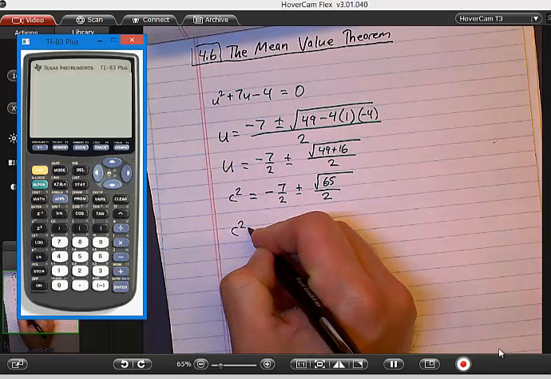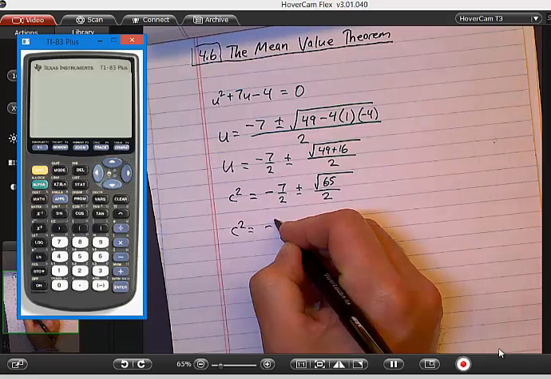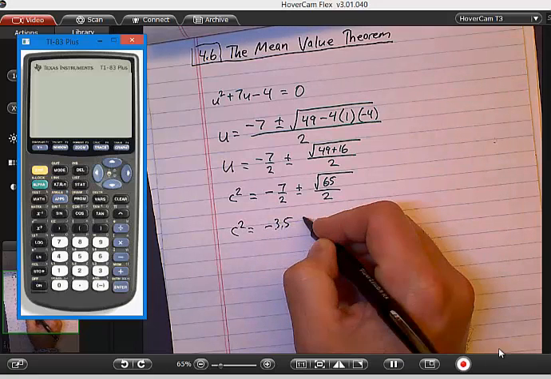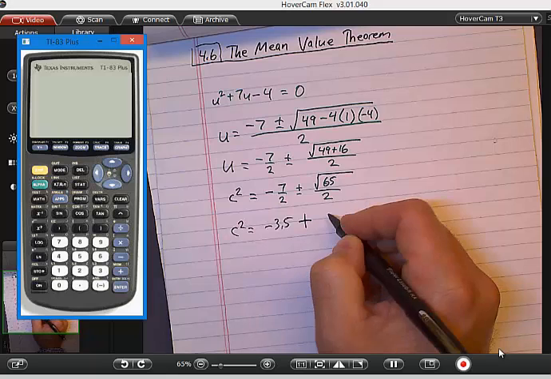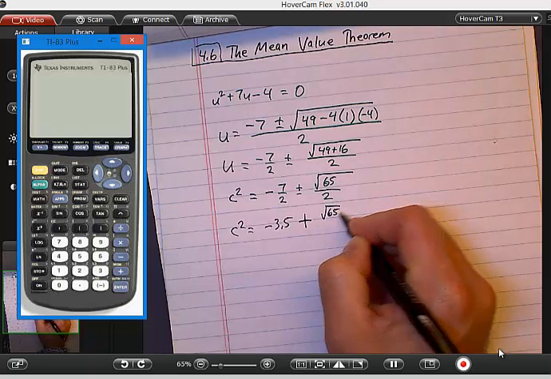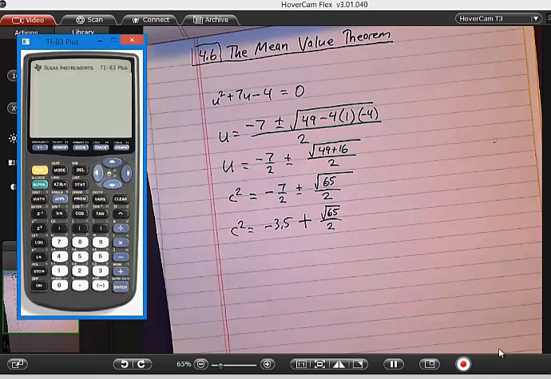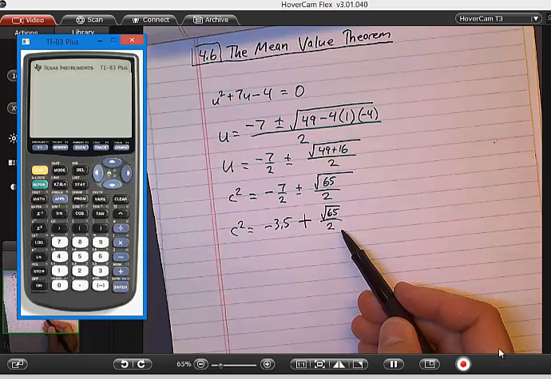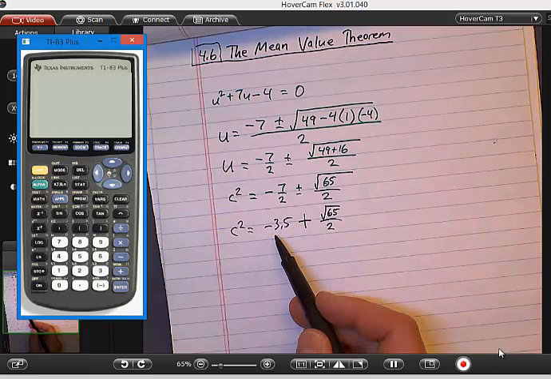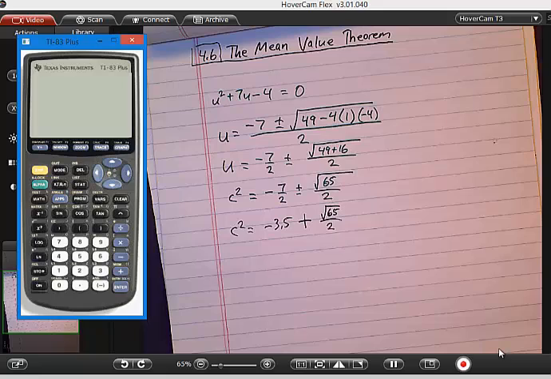So c squared is going to be basically negative 3.5 plus, it's too bad it says square root of 65. Because what's the square root of 64? 8 divided by 2, 4 minus 3.5 would be just about a half, right? So I'm getting that the c values are going to be right around a quarter.